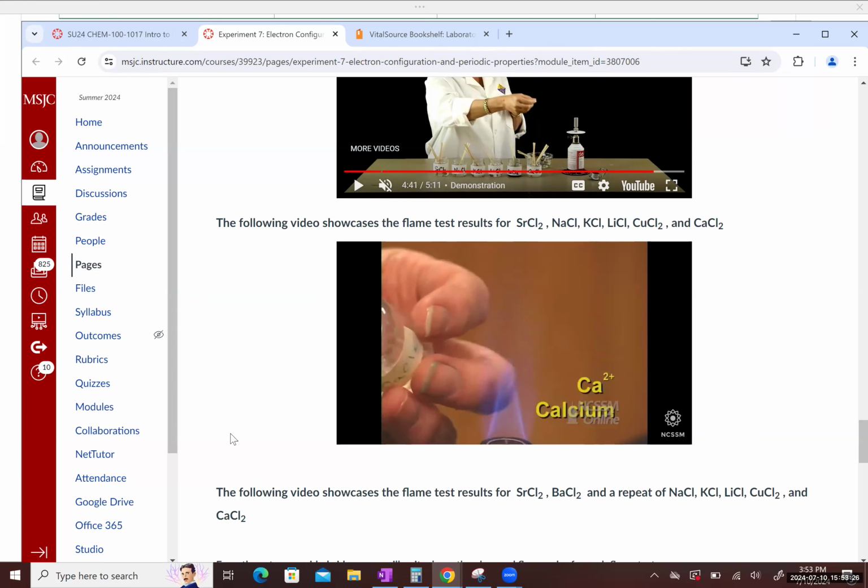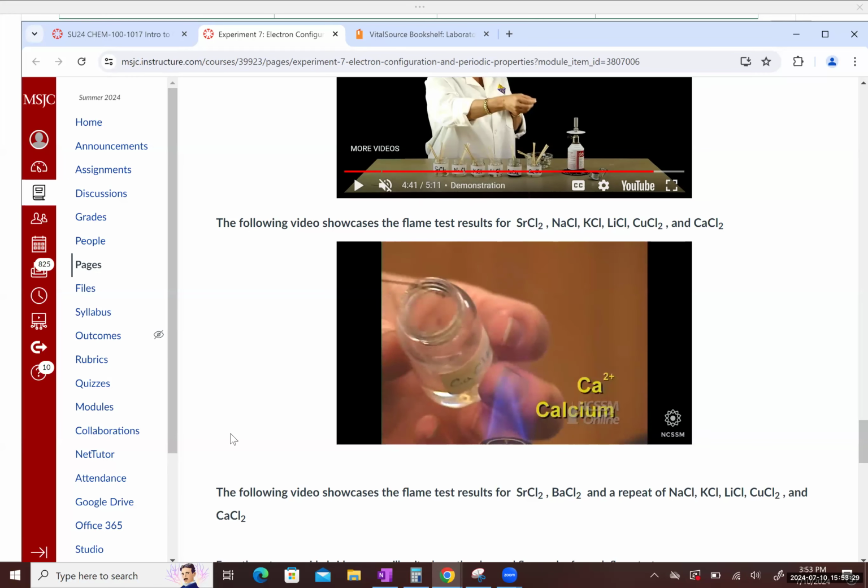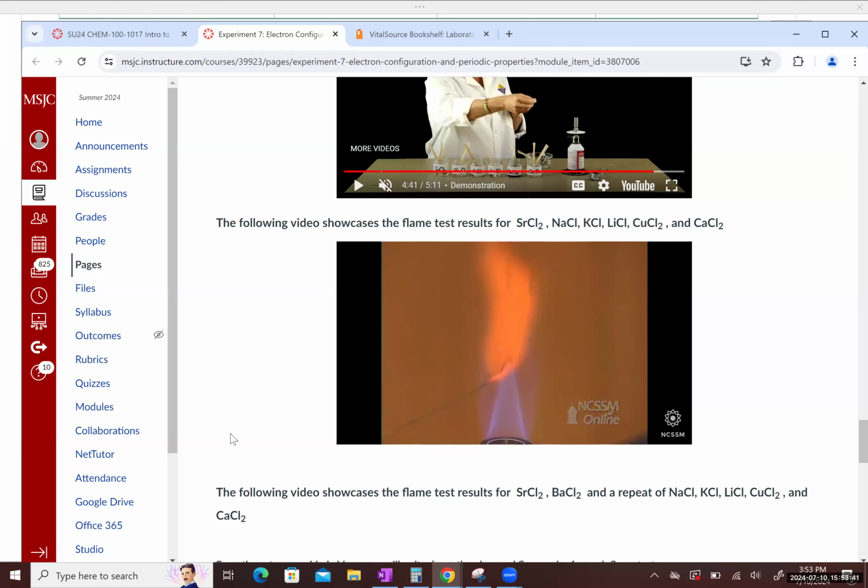Now we're looking at some repeats. Calcium, as we've seen previously, has a red-orange flame color. Strontium, as always, has the brilliant red flame color for its flame emission spectra.